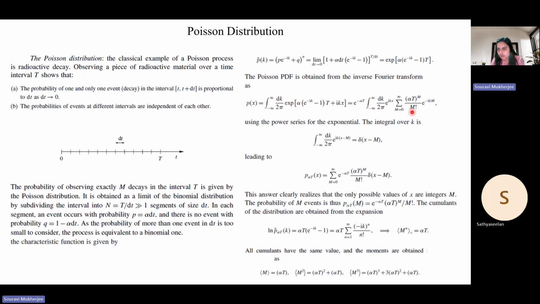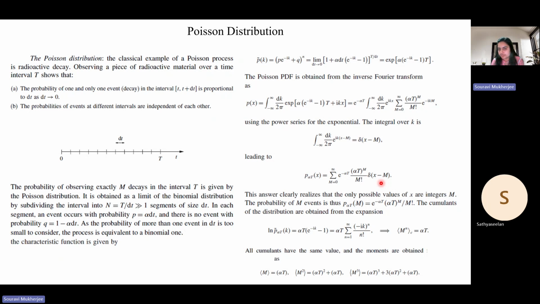Here, this form, if you see, is nothing but an expansion of e to the power ik(x minus m). If you replace it here, this can be rewritten as a delta function. What is this telling you? That now your probability density function involves a delta function. That means you only have certain possible values of x.